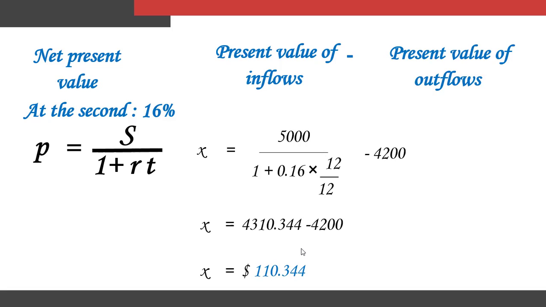So the net present value with 16% will be equal to 110.344. It's clear that the net present value with 16% is less than the net present value with 12%.